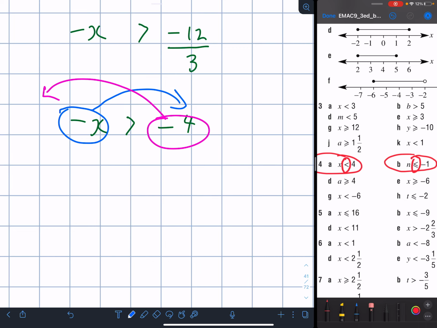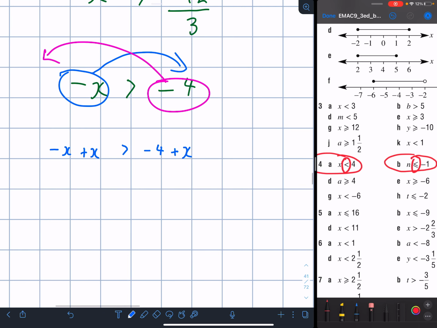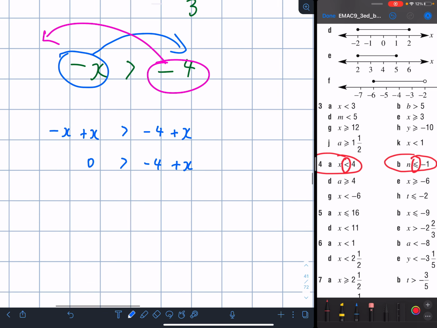Okay. And so how we would do that is, when we're dealing with this -x, we want to add x to both sides, which on the left-hand side will give us 0, and on the right-hand side will give us negative 4 plus x. And then we want to deal with our minus 4. So now we want to move it over to the left.